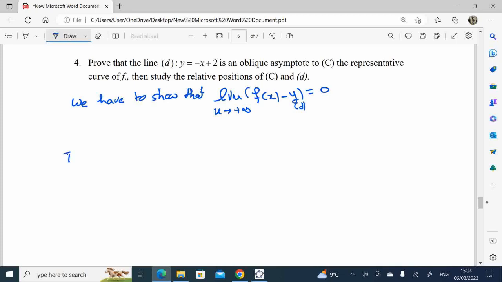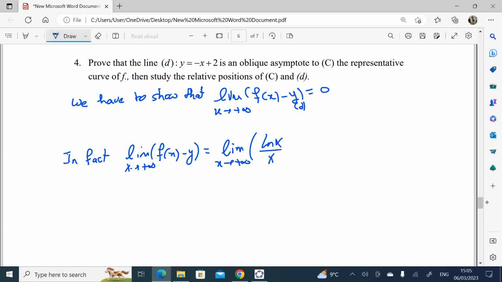In fact, the limit as x approach plus infinity of f of x minus y is equal limit as x approach plus infinity f of x, which is ln x over x plus 2 minus x, minus y. Y for the oblique asymptote is minus x plus 2.